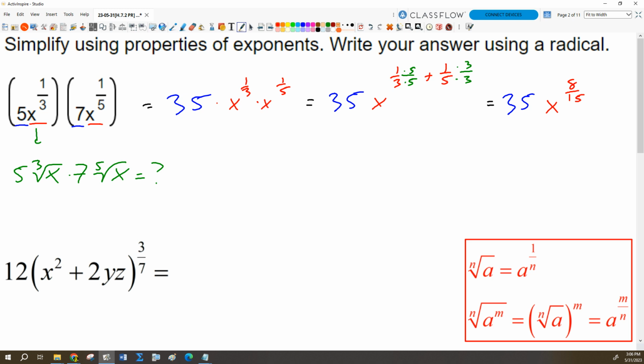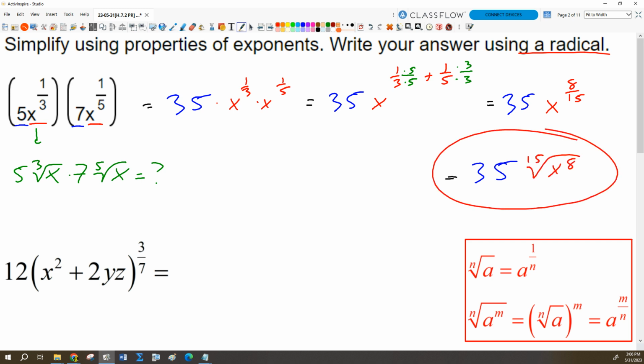So the last step then, if I want to write this as a radical, I just have to convert this into radical form. Well, I get my 35 out in front. What does the red stuff become as a radical? 15th root of x to the 8th. There you go. There it is, right?